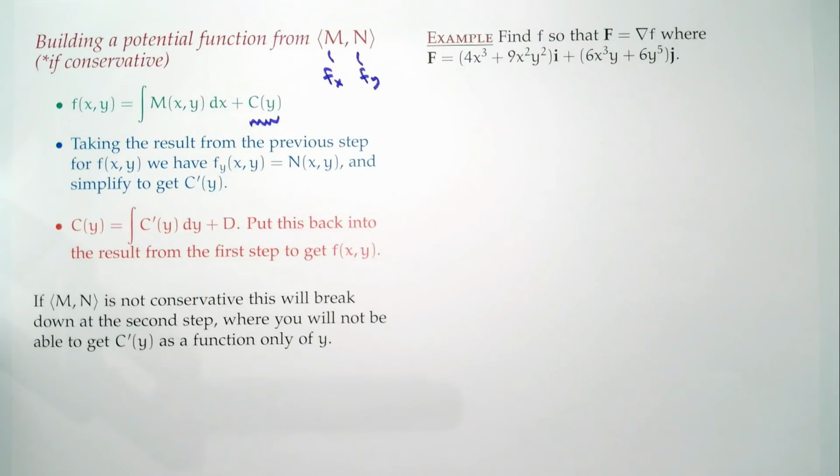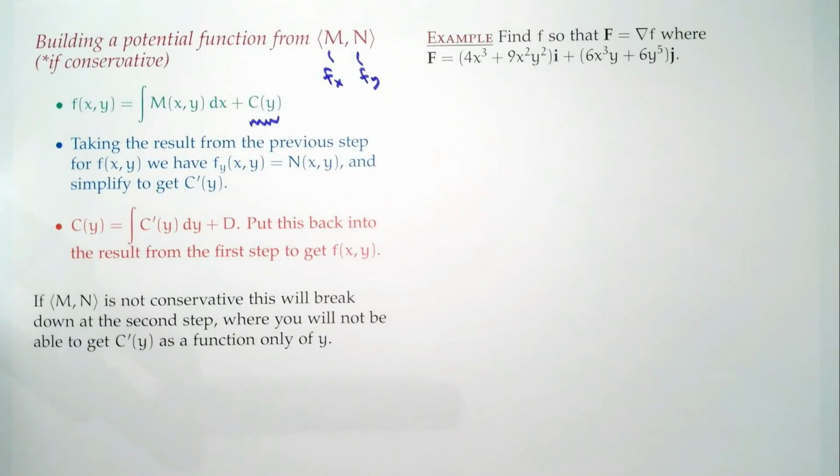The reason is you really need to get the derivative of C only in terms of y, and if it's not conservative, it won't happen. So try it out. But for right now, we need to focus on actually building things which are conservative, because we'll need practice. So let's do some examples.